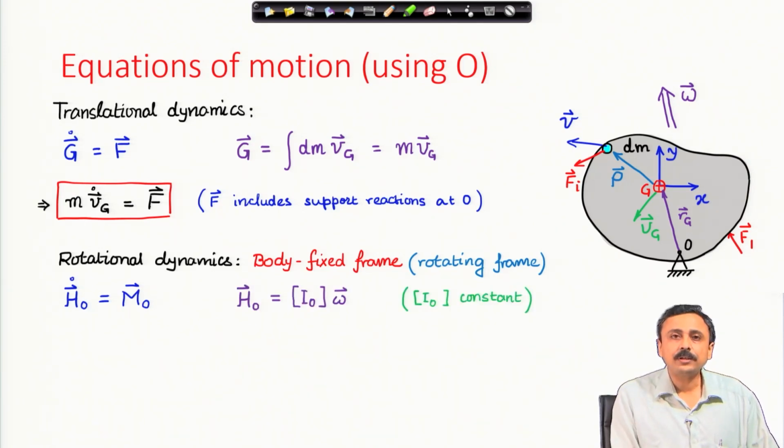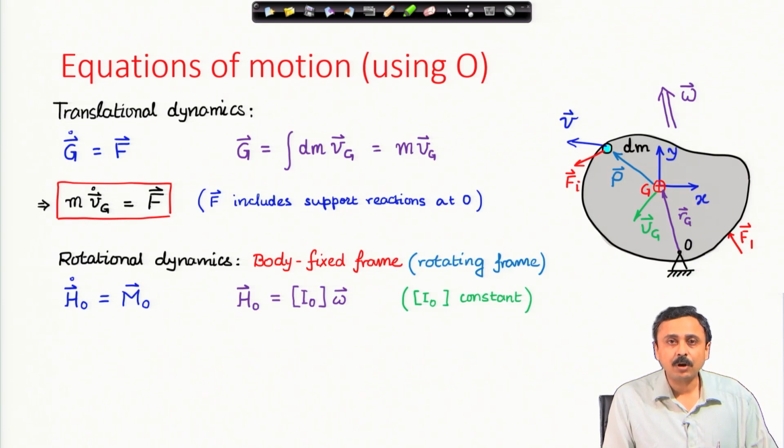Just like we derived the moment of inertia tensor about G, we can also define the moment of inertia tensor about point O. And for this you can use the axis theorems for shifting the point.